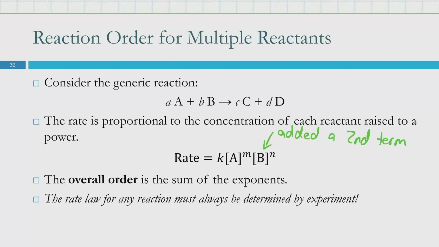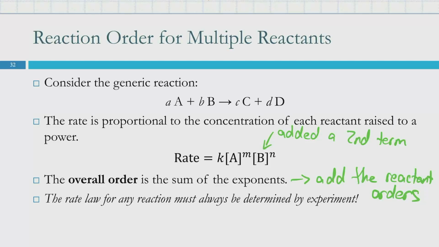And we can also get an overall order. We're just adding the reactant orders. And we need to determine this by experiment, as with all of our rate laws.